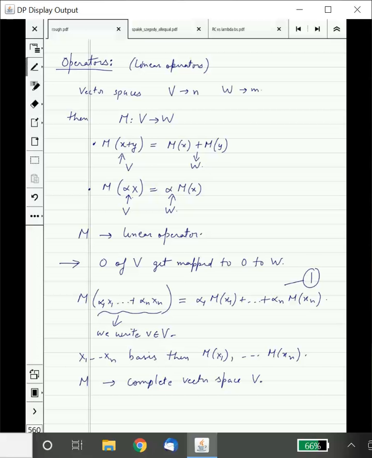Then the action of M is given by equation 1. To say it concisely, to give an action of M, I just need to specify its action on the basis. This is a very important characteristic of linear operators and will be very helpful to us.